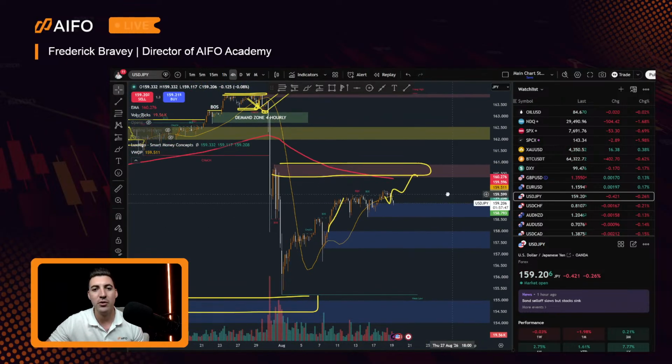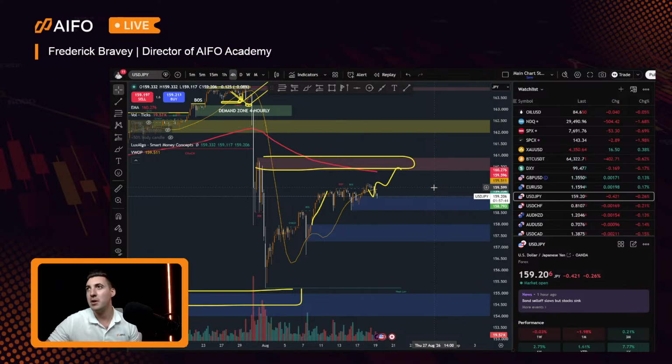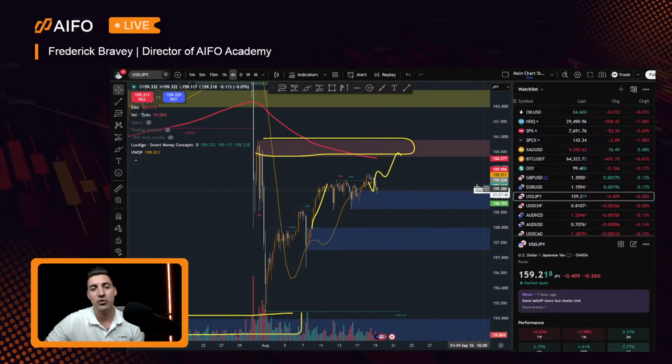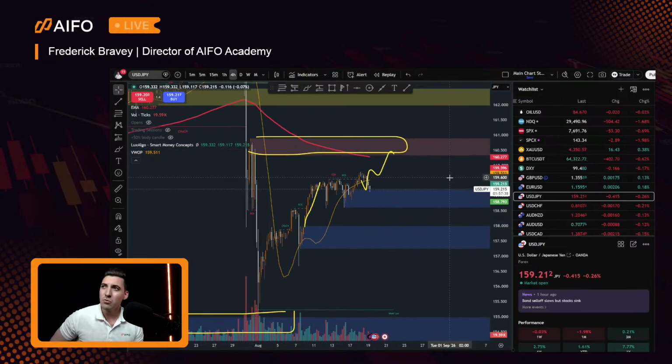And as you guys might know, the Japanese economy is not looking very good, and this is putting so much pressure on the Japanese yen. And we could have a whole discussion on what they could potentially need to do in order to make their yen a little bit more attractive than previously.